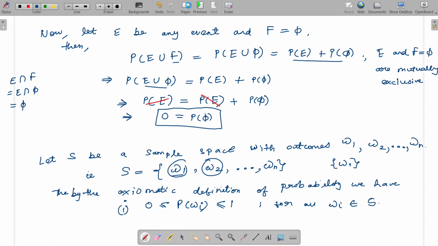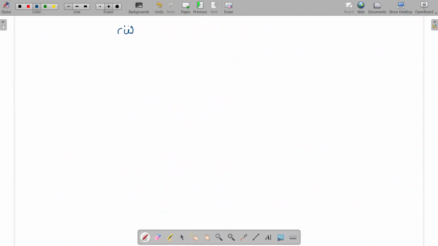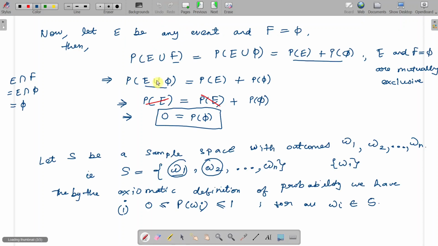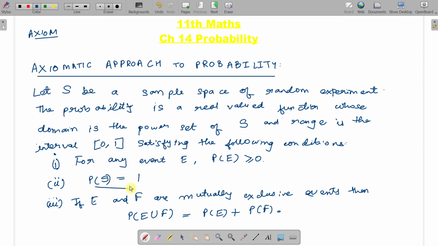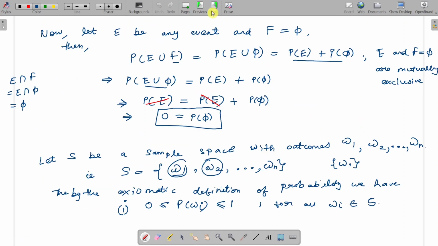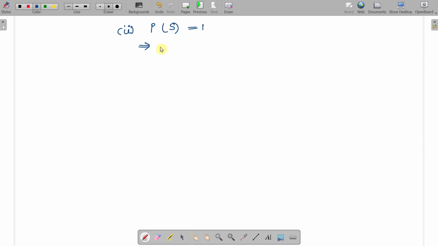Then second is this: probability of S is 1, right? Right now we are writing only the statement which is there in the axiomatic definition. This is the second thing we had, but we will derive another statement from it. So probability of S implies probability of omega 1 union omega 2 union omega n is equal to 1.